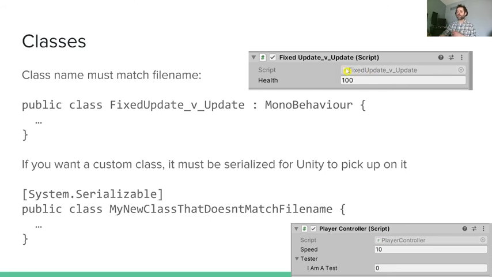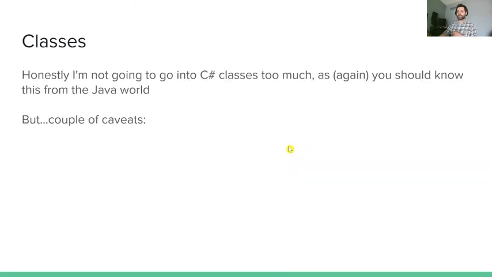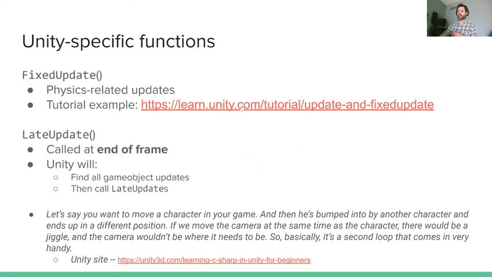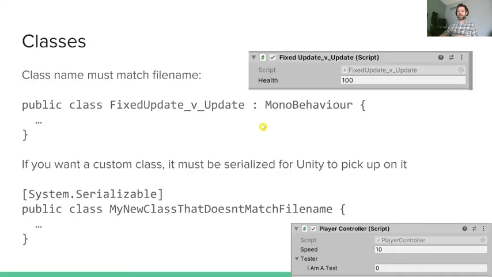So for instance, here, this fixed update v update. It's actually a class name from this tutorial. It prints out various timestamps here. It should match, basically. And another thing you can do too is you can define a custom class.